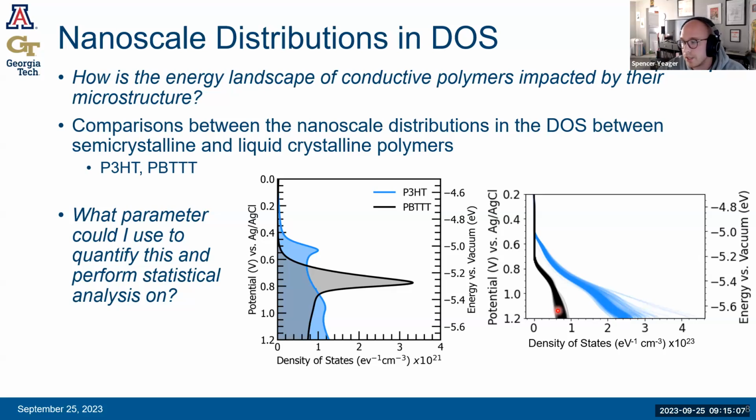The take-home message here is that P3HT has a broader distribution of density of states that could be tied to its microstructure, whereas PB/TTT has a more narrow distribution. I'm still trying to find a way to put something like this into a histogram.